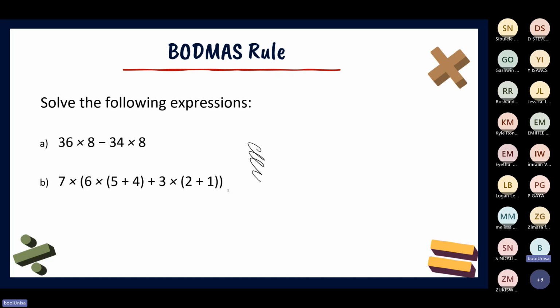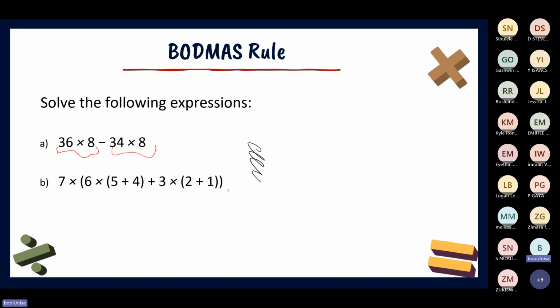So using the BODMAS, we need to first look at the operations. So we've got multiplication, subtraction, and multiplication. And the BODMAS rule says multiplication before addition and subtraction. So it means we're going to first solve that side.